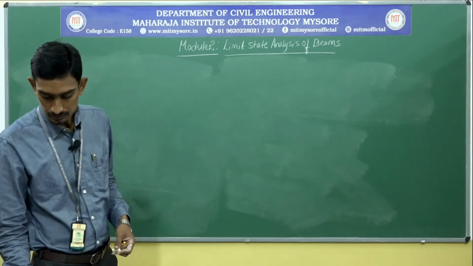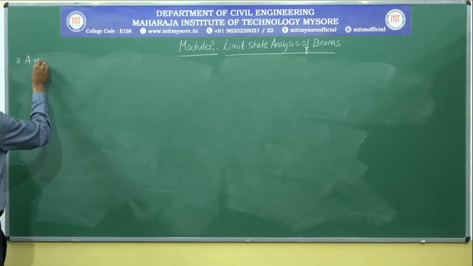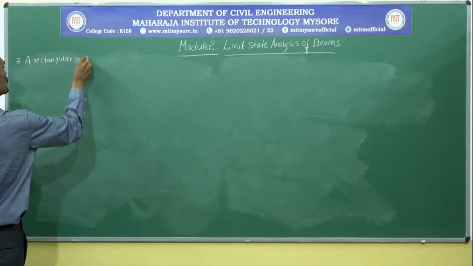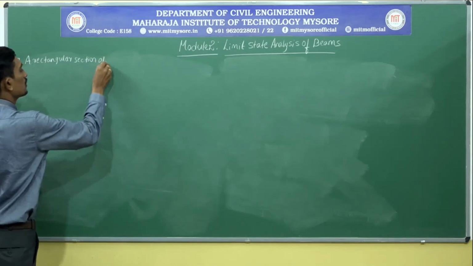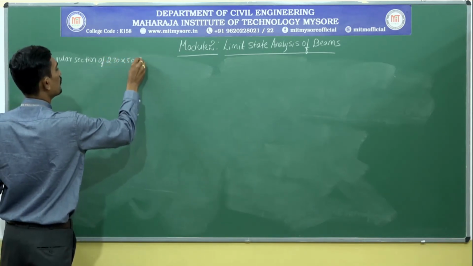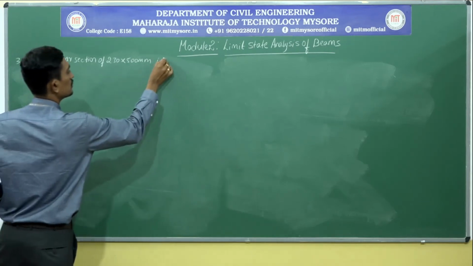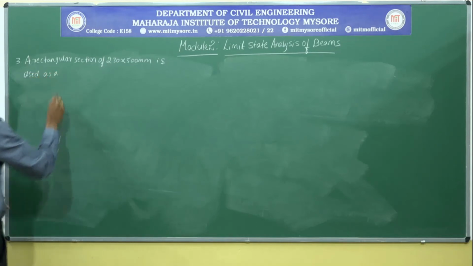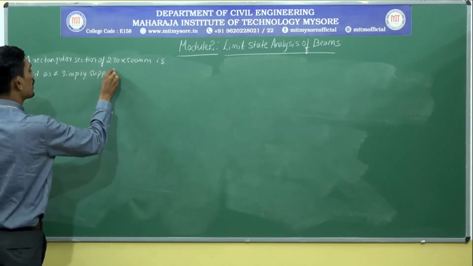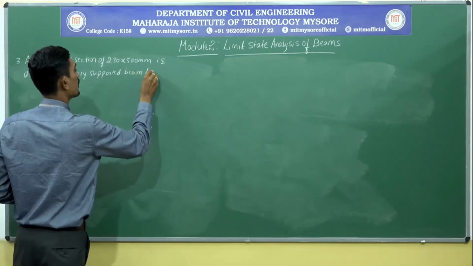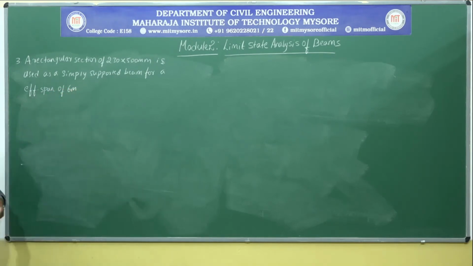Okay, the next problem is a rectangular section of 230 by 500 mm, used as a simply supported beam for an effective span of 6 meter.